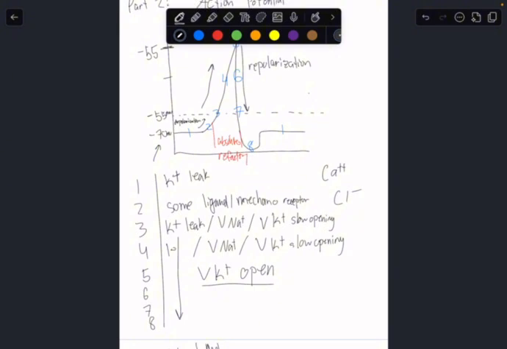And then this leak channel is still going. This voltage-gated potassium is open as well. A ton of potassium is leaving, dropping us down, and then it reaches this point, this 8 point, and it goes even past what it was before for the cell, at negative 70 at resting membrane potential, because there's just so much more potassium that's able to leave because of all the channels. This is called hyperpolarization.